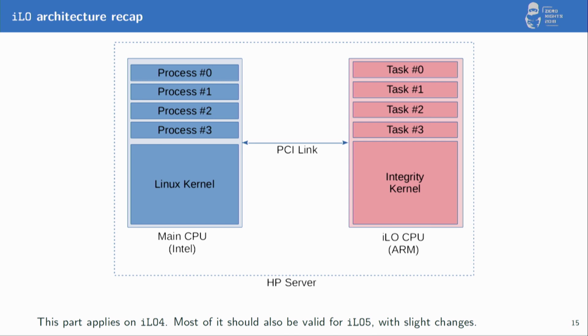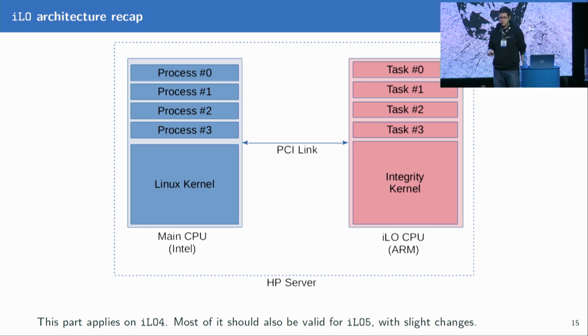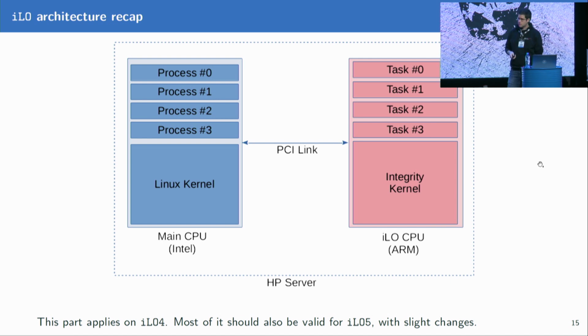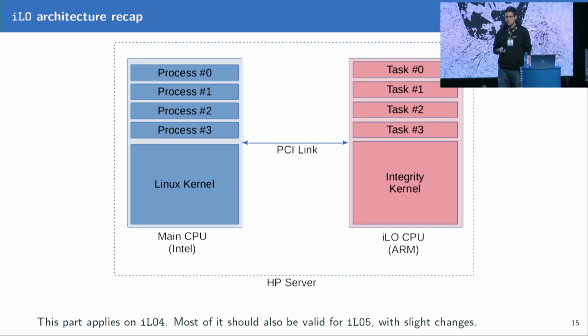On the ILO side, you have an ARM CPU running a real-time operating system called Integrity, which is not so different from classical operating systems. You have a kernel and various tasks running in userland. Task is the name, in fact, for processes in a normal operating system. These two systems communicate through the PCI Express link.